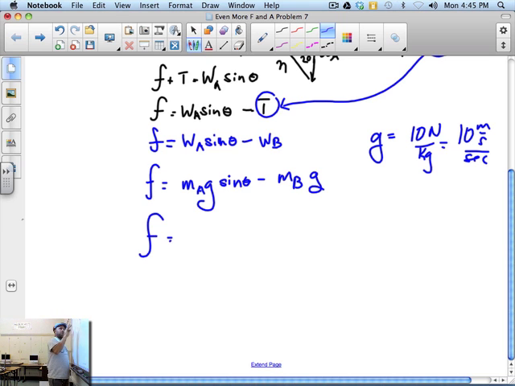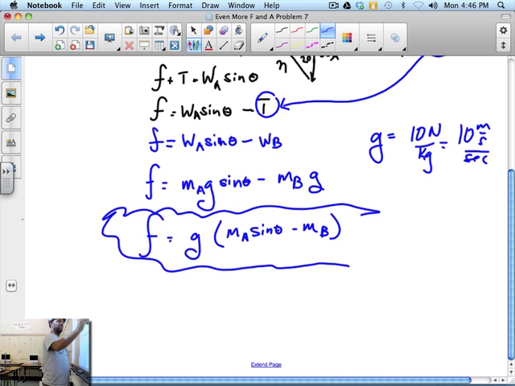And now I can factor out my g. So g mass of A sine theta minus the mass of object B. And this gives me a nice general equation for any angle, any masses, and any planet.